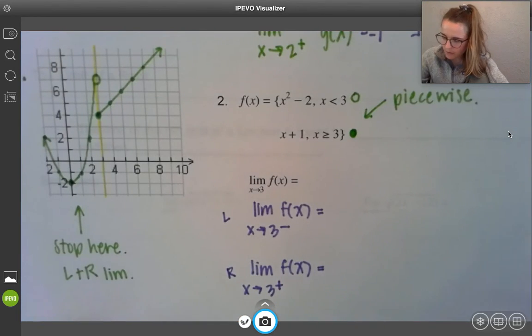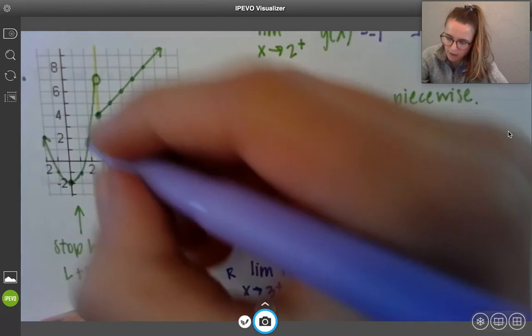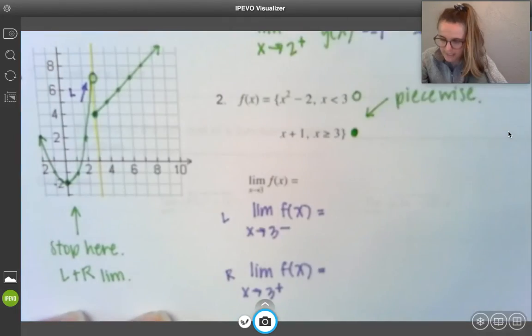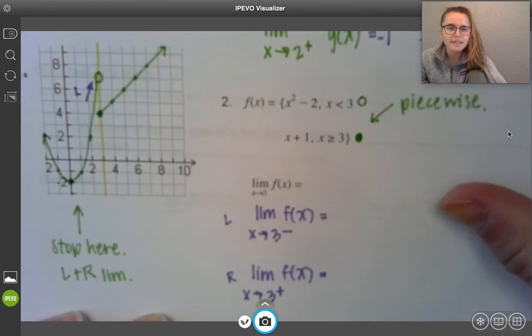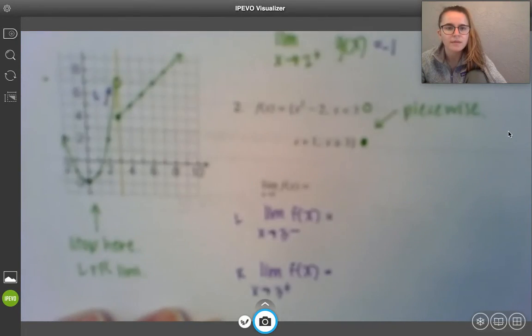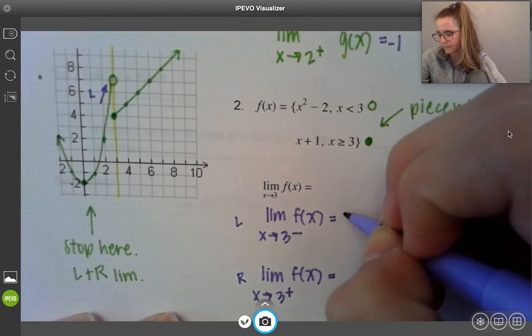Okay, so I'm looking at the limit as x approaches 3 from the left. On the left side, you can see at 3 the limit is approaching 7.